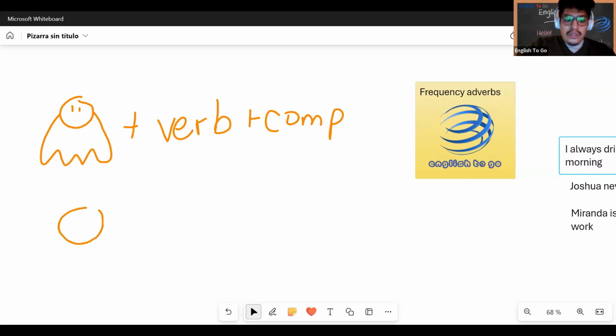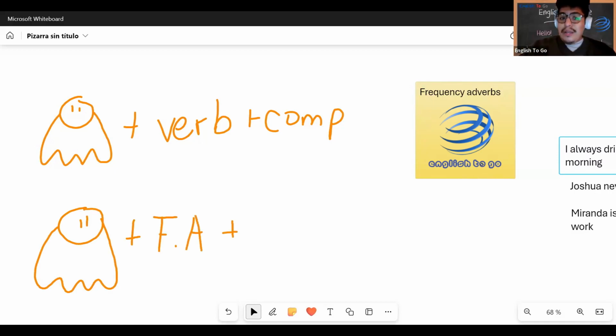We are going to use the subject, then we are going to use the frequency adverb. Then we need a verb or an action. It's the same. And then complement.